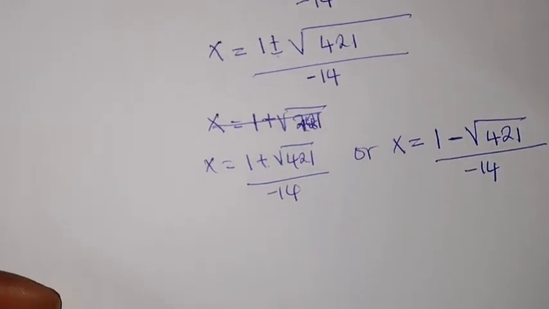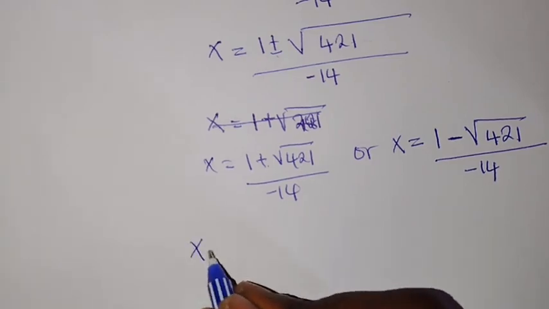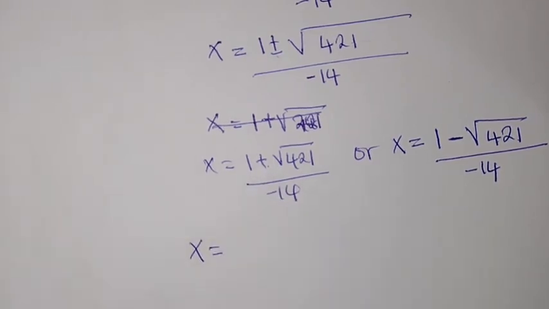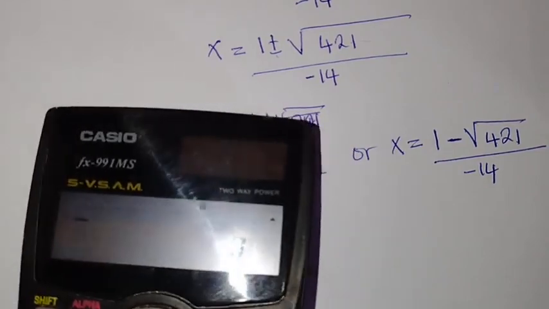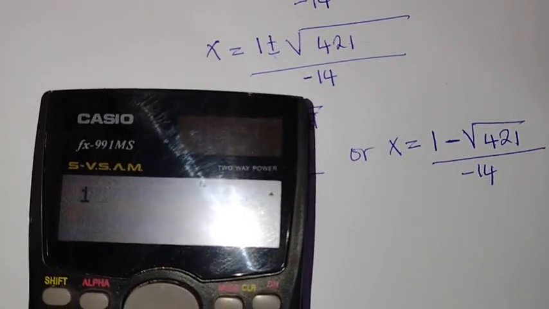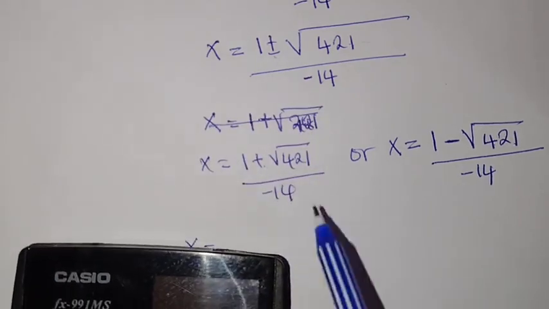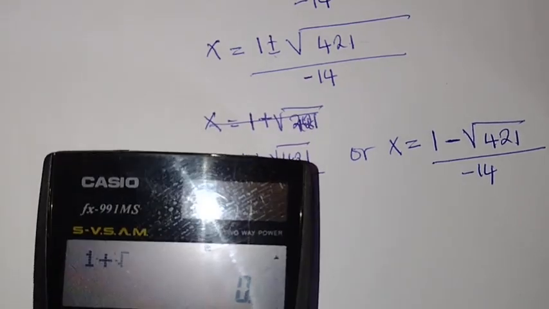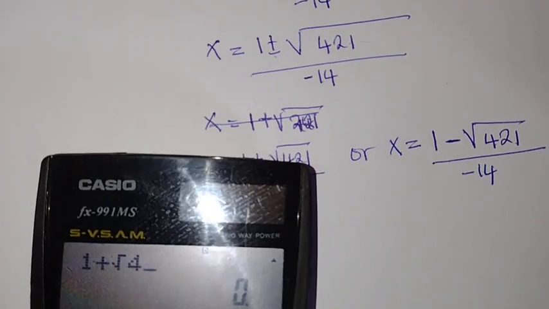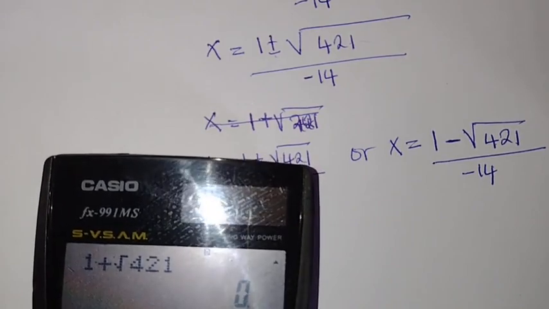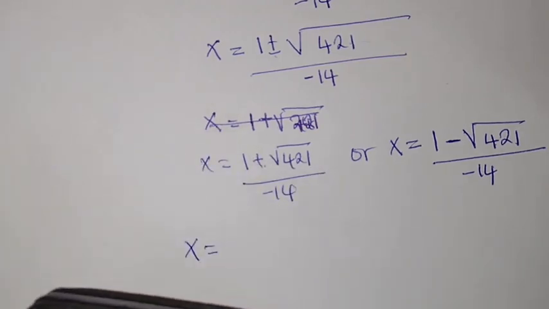Okay, so from here I'll write x equal to, so I'll add. Okay, I'll add by just pressing on the calculator 1 plus the square root of 421.